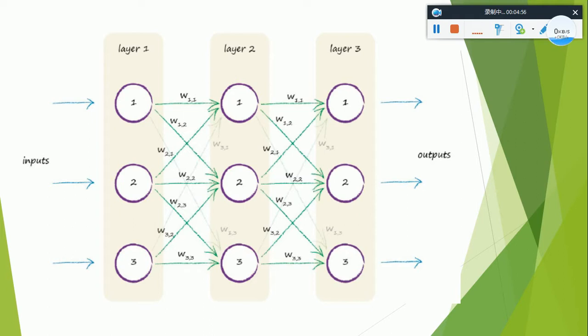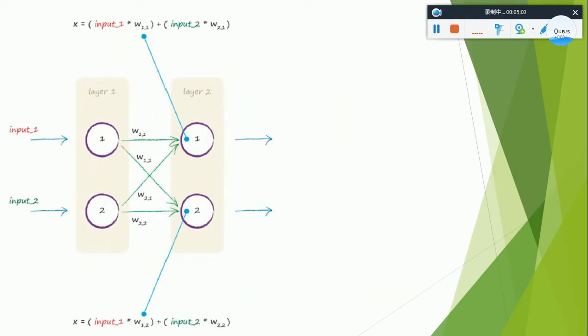Let's see an example of how the signals pass through the neural network and how we calculate them. We have two levels, and each level has two rows. For row 1 in level 2, the input signal is calculated like this: x equals input 1 times w11 plus input 2 times w21.